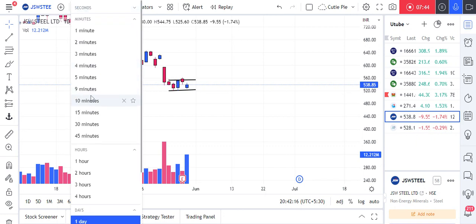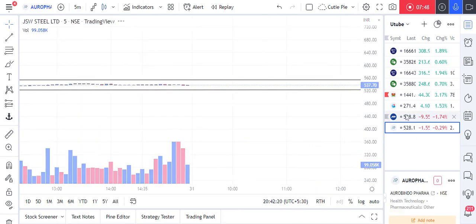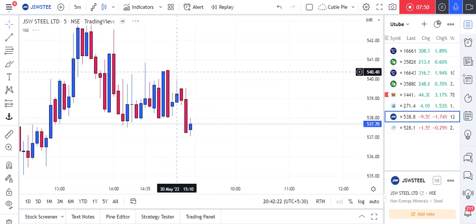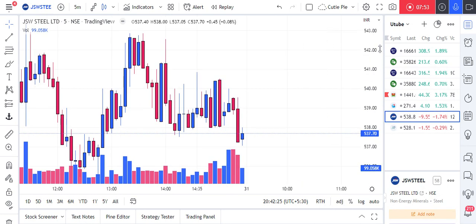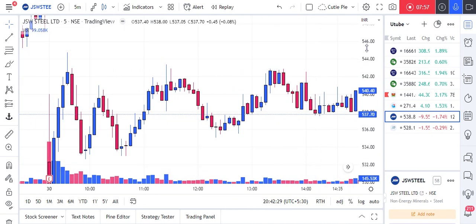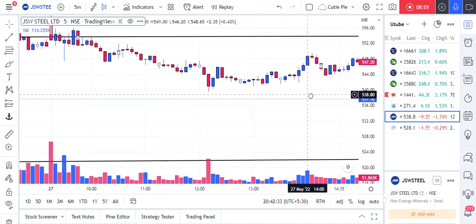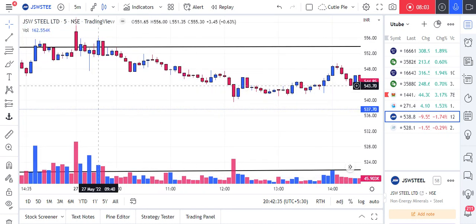So let me take the lower time frame. This is a lower time frame, 5 minutes, and see how it has reacted. So here is the line.